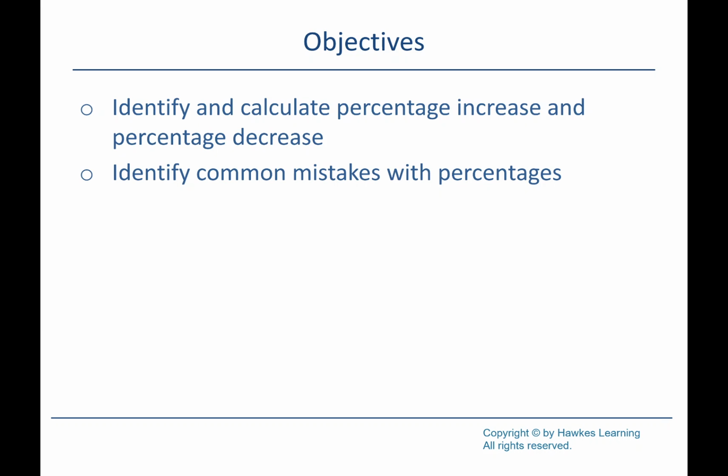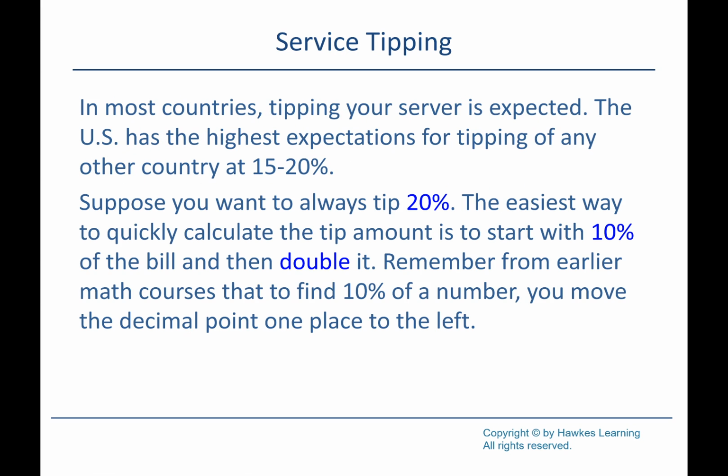So the first topic in this section, we're talking about tipping. Not every country works on a tip system. And apparently, the United States is one of the countries that has the highest tip rate. We're expected to tip places.